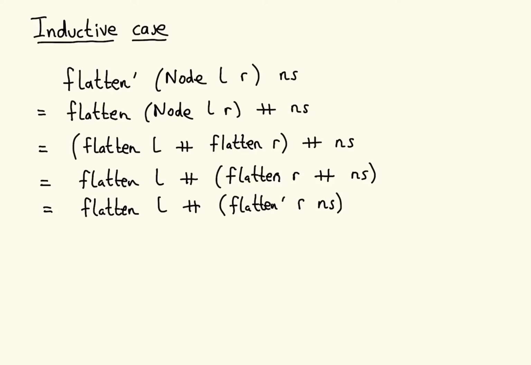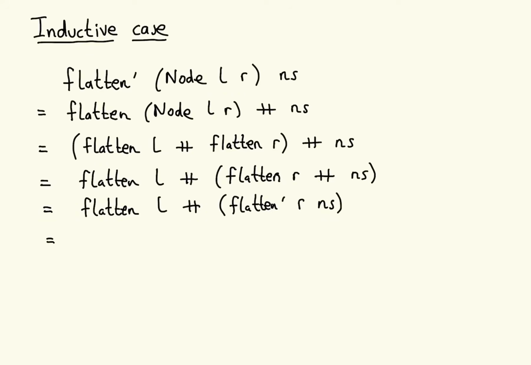Now we can do exactly the same for L. What we notice we have now is we've got flatten of L plus plus some list. And inductively, using the induction hypothesis for L, we're allowed to assume that that's the same as flatten prime of L and that list.